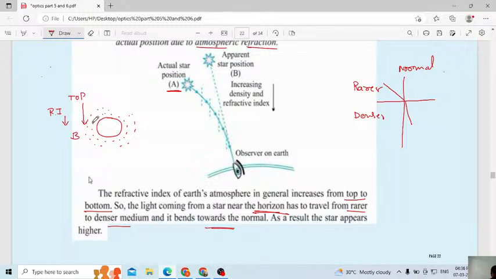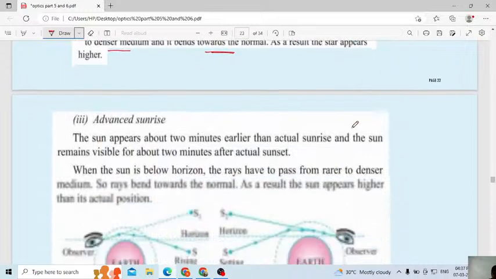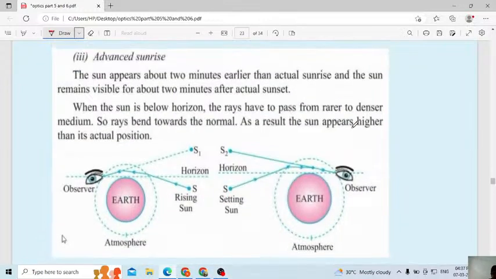Then when light enters from rarer to denser medium, the refracted ray bends towards the normal. Because of these two reasons, the star appears a little raised up. Understood everyone? Are you following? If you have a doubt, you can ask me. Are you following? Anyone tell me? Yes.